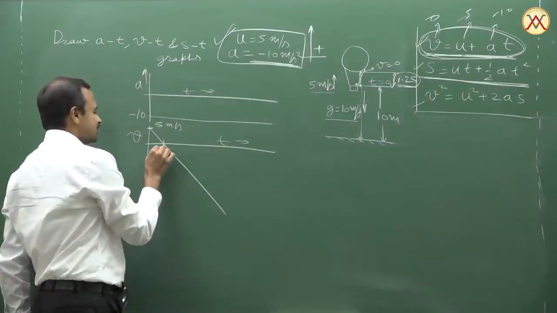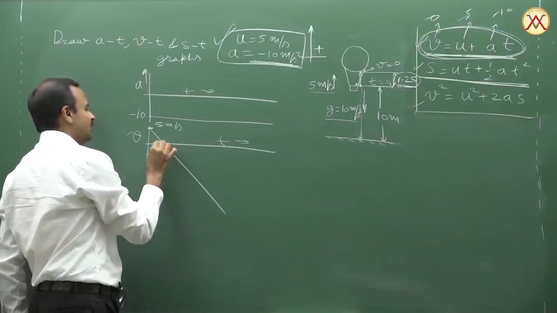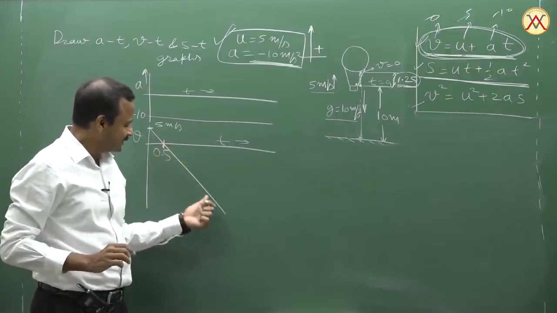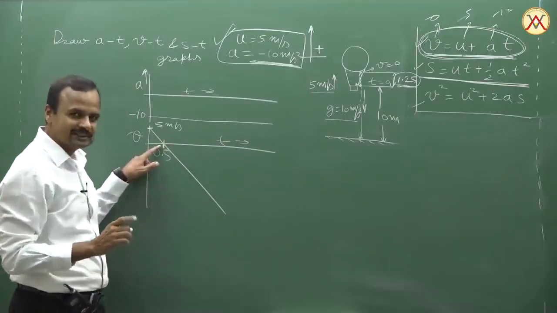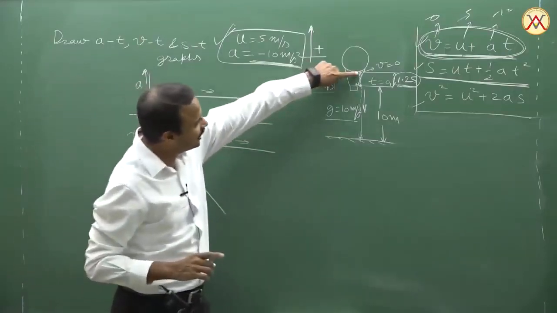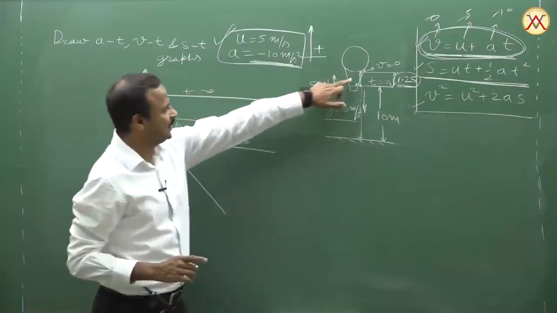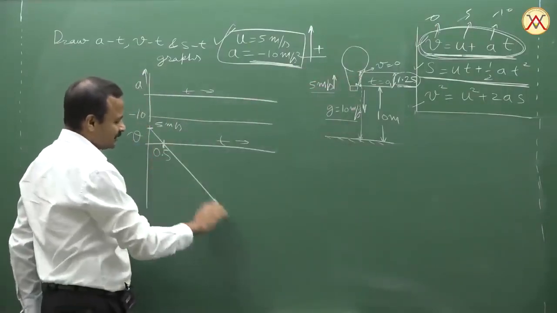So, you can say 0.5 seconds is where its velocity is 0, and then it is going down. So this point here of the graph where velocity is 0 refers to the highest point, this point here. Alright, so the time here is half a second, and then it is going downwards at a constant acceleration.